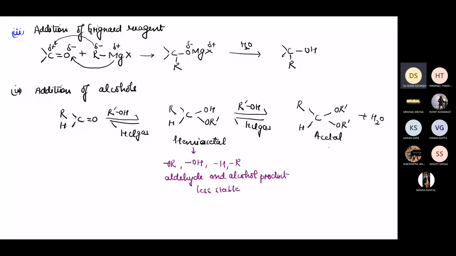At the same time, when we're talking about the acetal, it has 2 OR groups, R and H group. It can be formed again by a reaction between the aldehyde and alcohol, and it is more stable. जो बेसिक डिफरेंस है यहाँ पे, basic differences of the presence of the groups.